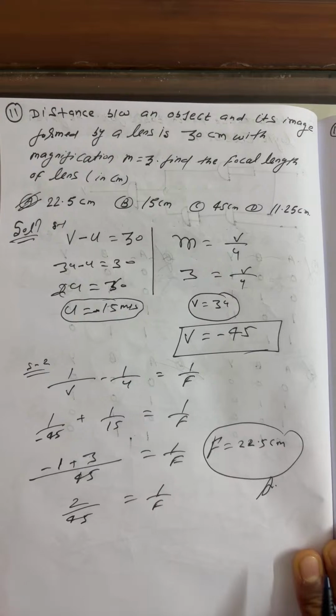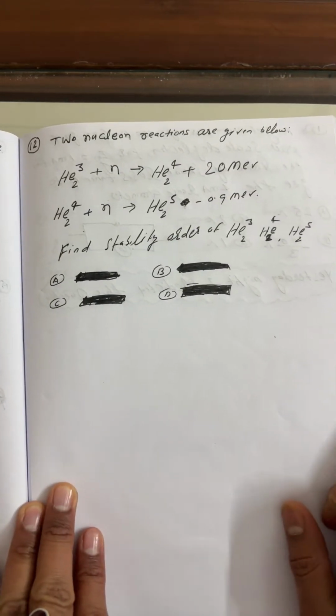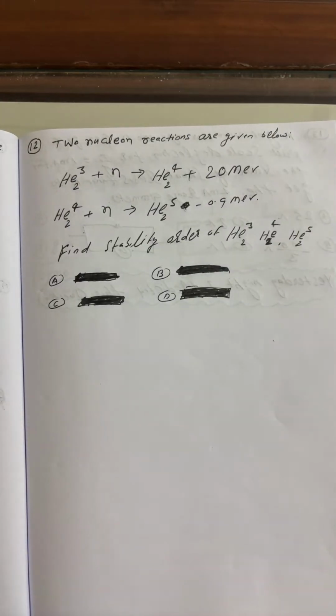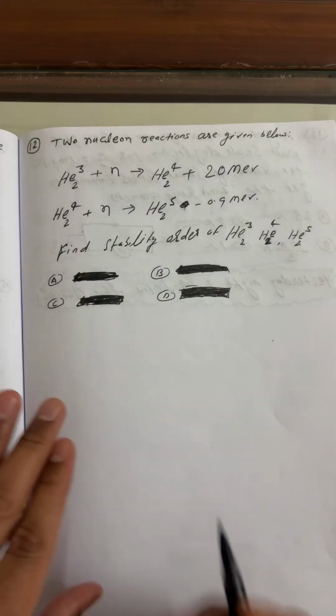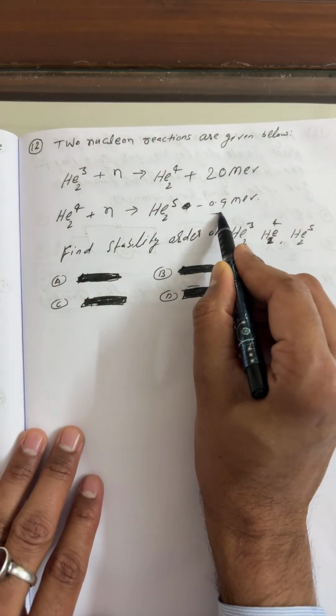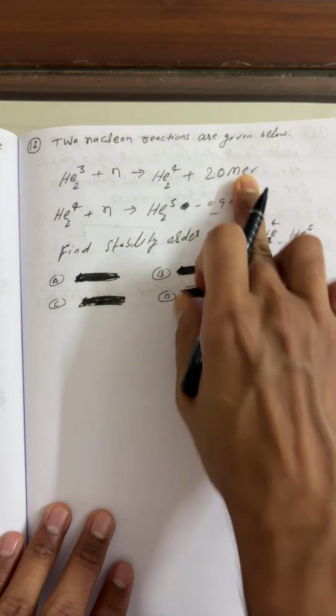Okay, beta, have a look at the next question. Question number 11. Now, beta, two nuclear reactions are given below. Here we have to just arrange simply. Beta, here energy is less, so we have to provide energy to this particle. Energy is more here, bacha.